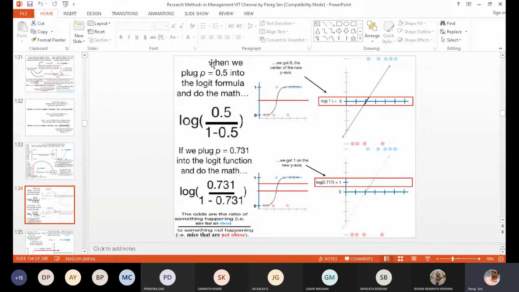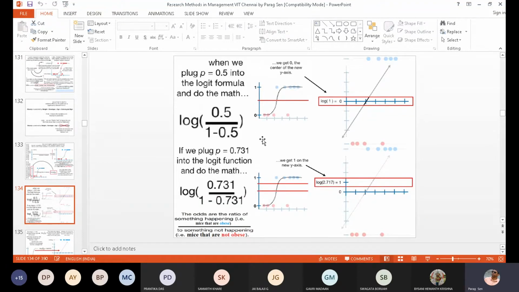Suppose p is equal to 0.5. If you put p equal to 0.5 in the logit formula and do the math, log of 0.5 divided by 1 minus 0.5, it will come out to be log of 0.5 divided by 0.5, which is log 1.